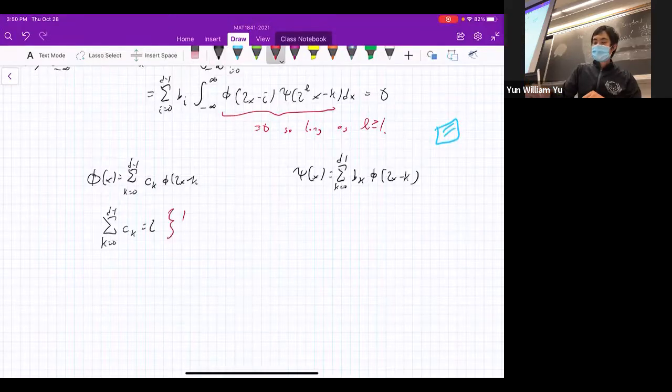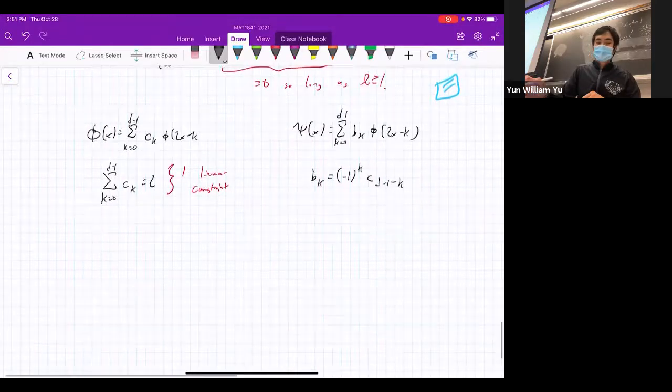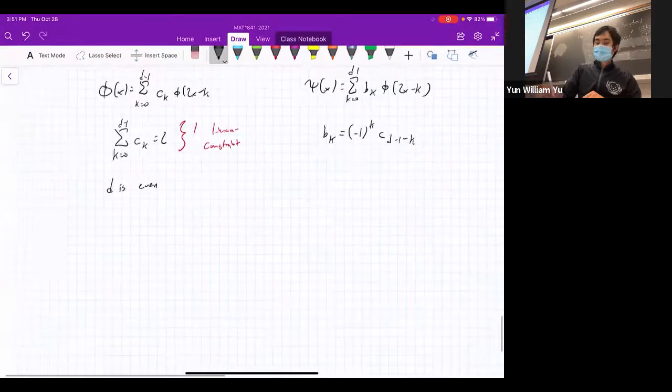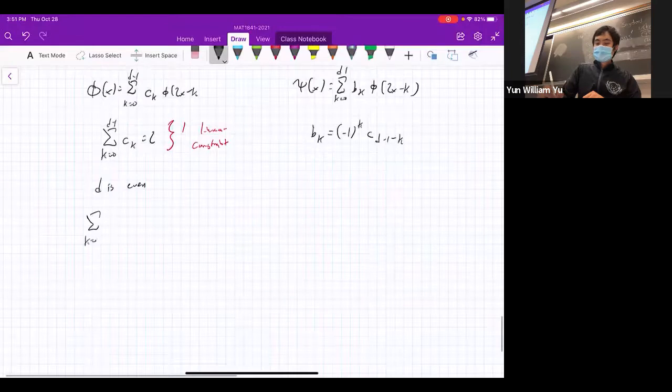This is one linear constraint. And we know our b_k's are all completely determined: (-1)^k c_{d-1-k}. And we know that d is even. And we know that the sum of each of our shifted versions, c_i c_{i-2k}, is equal to 2 delta(k). And this is another d over 2 quadratic constraints.